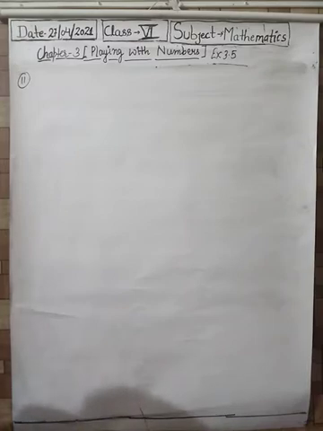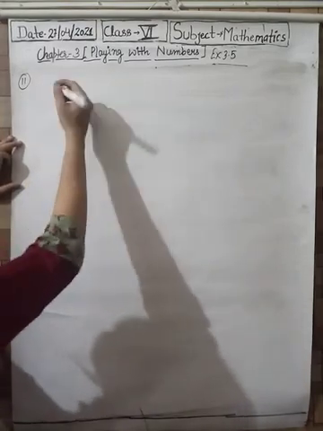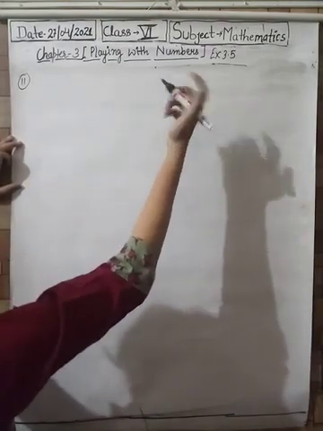Remember, whenever a number is divisible by two co-prime numbers, then only that number will be divisible by their product also. Here in case of 18, 2 and 3 are co-prime. That's why 18 is divisible by the product of 2 and 3, that is 6. Okay. This is for your understanding only.